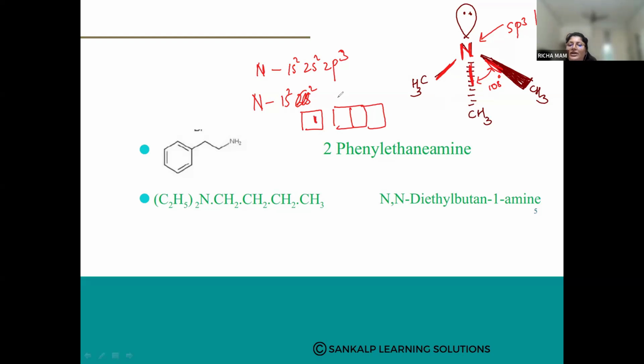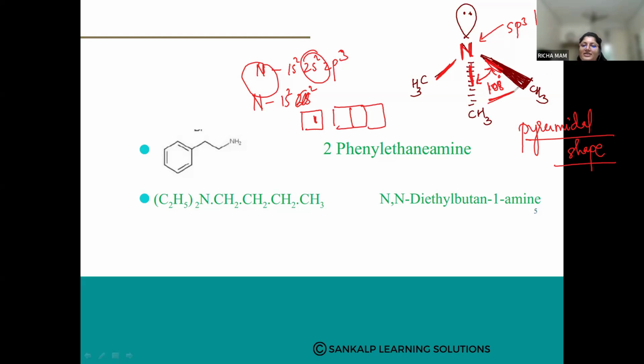The fourth hybrid orbital contains the lone pair of electrons. Because of this, it has a pyramidal shape, and the bond angle is less than 109.5 degrees, about 108. So this is the structure of your amine.